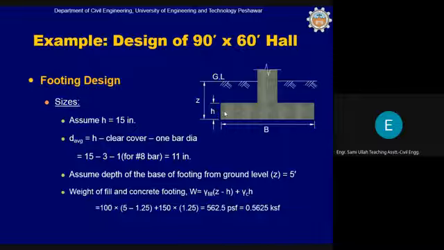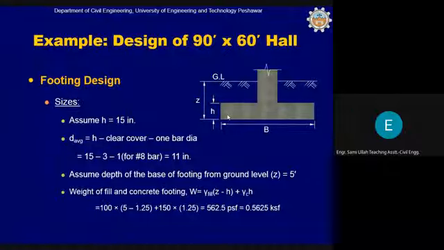The average D, why are we writing D average? Because the reinforcement will be provided in both directions, in this direction as well as the other direction. Because it is a square footing, we'll design only one reinforcement along one direction.